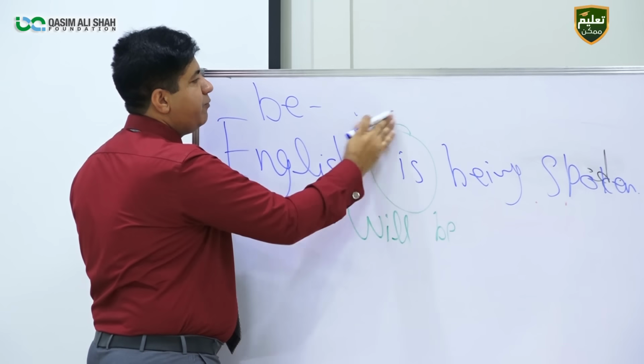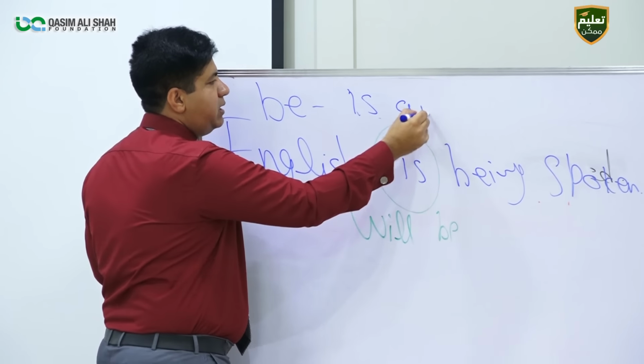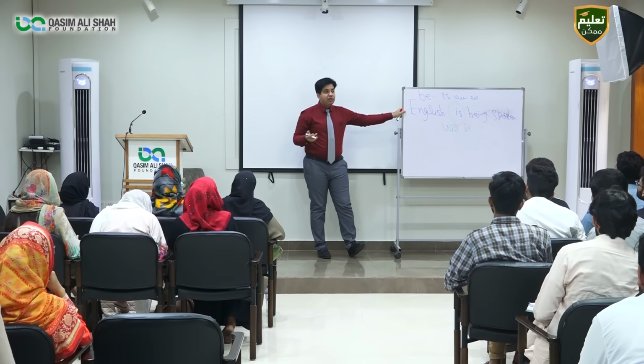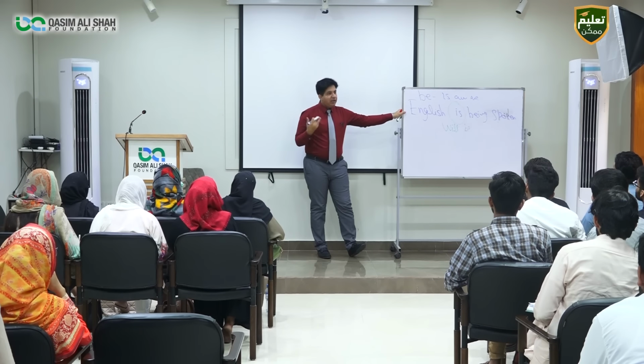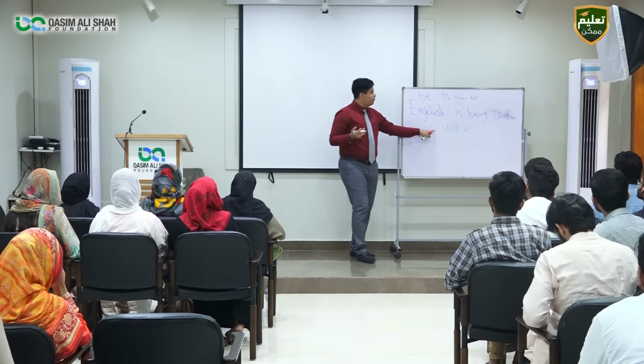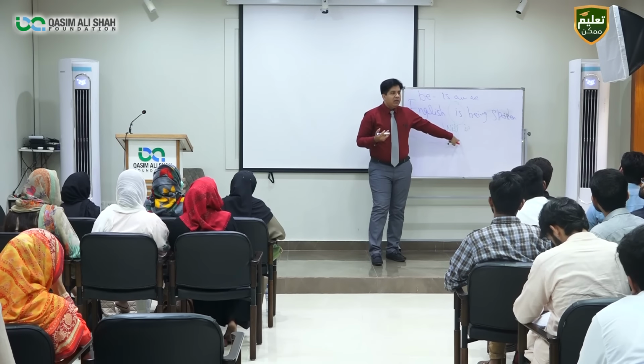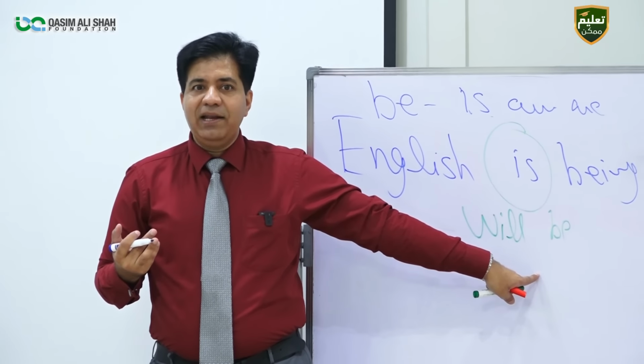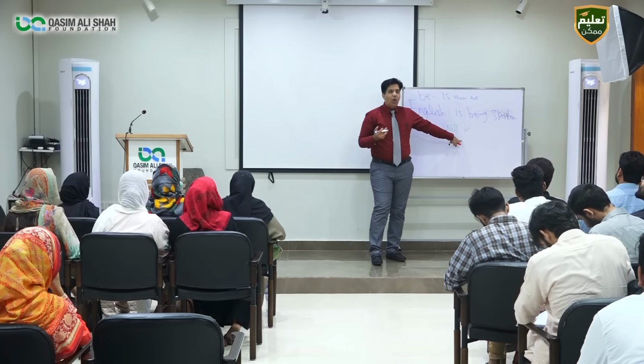Be. And then we get is, am, are in present and was, were in the past tense. And future will be, and that's it. Okay? So future tense: English will be being spoken here. यहाँ English बोली जा रही होगी.